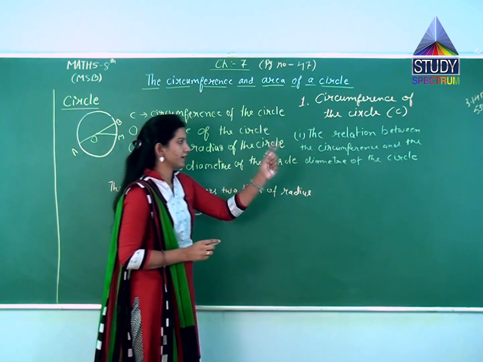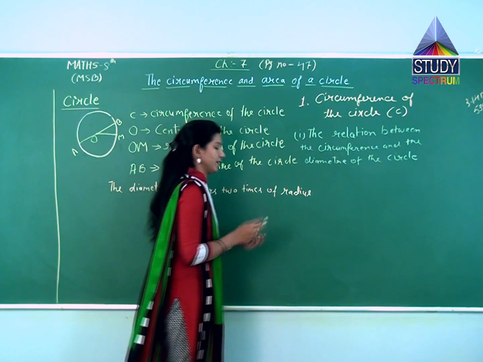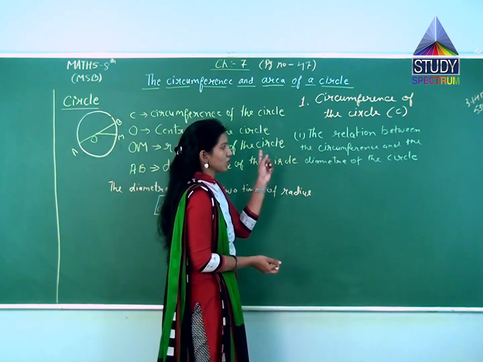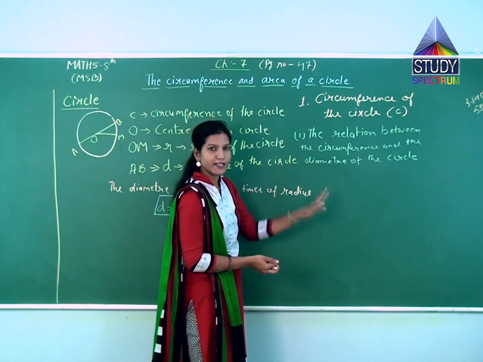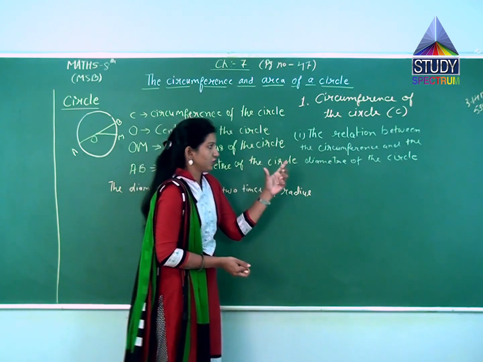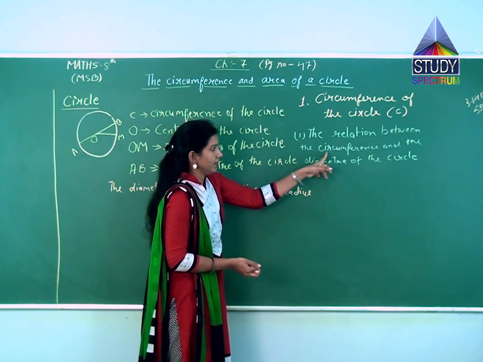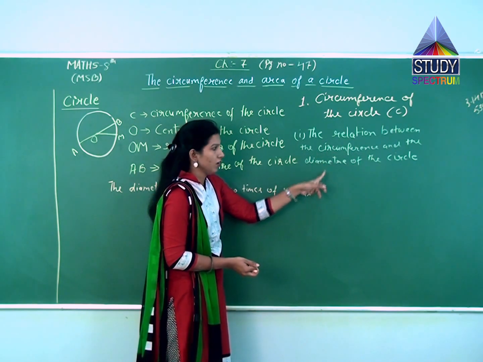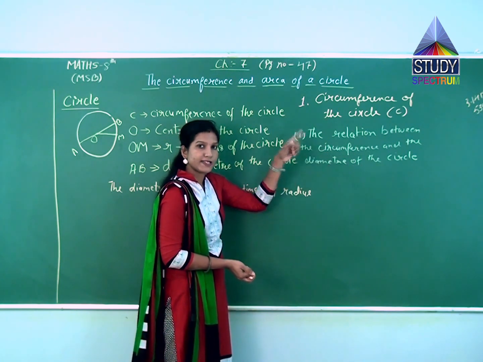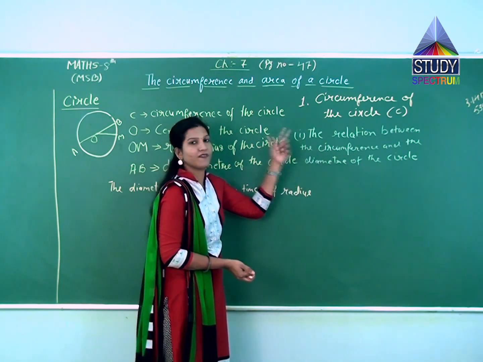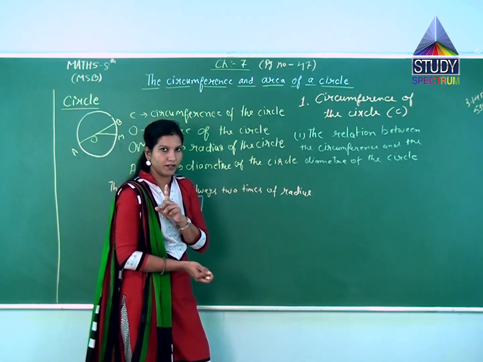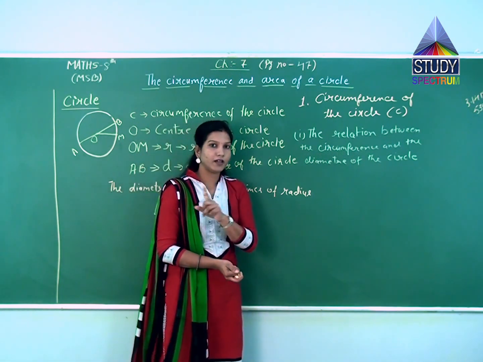What is the relation between the circumference and the diameter of the circle? The ratio of circumference to the diameter of any circle means if you are taking a circle, and this circle is having a circumference and diameter, so the ratio of circumference of any circle to its diameter will always be equal to a constant number, and that constant number will be an irrational number.